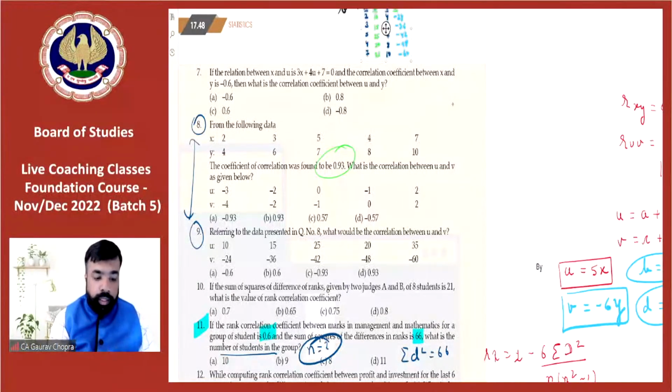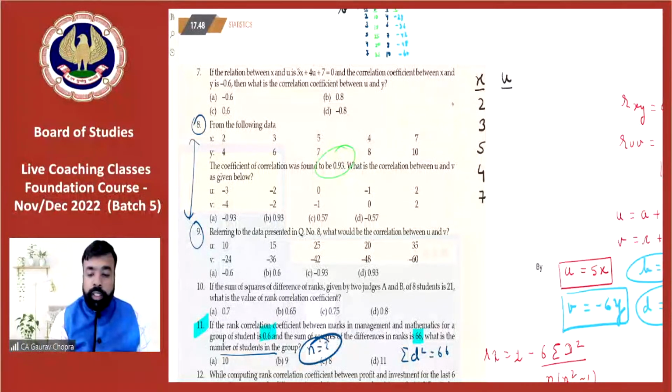In the eighth one, x is given 2, 3, 5, 4, 7. X equates with U and Y with V. So U is given -3, -2, 0, -1, and 2.